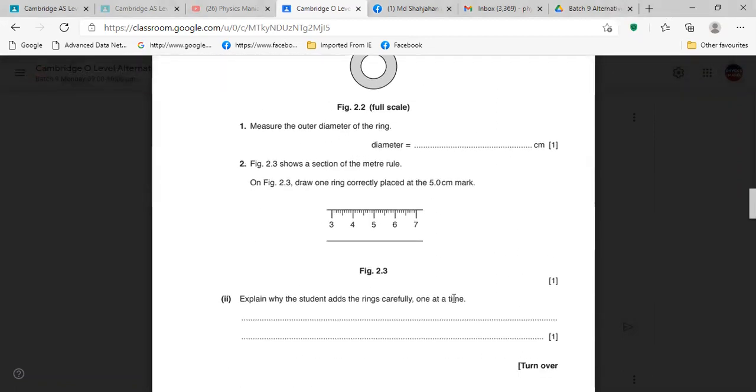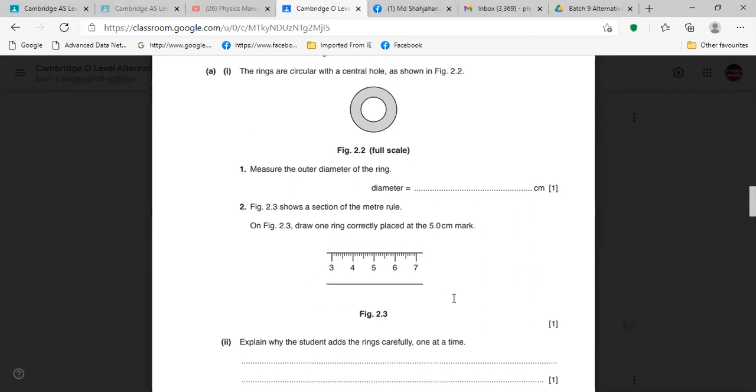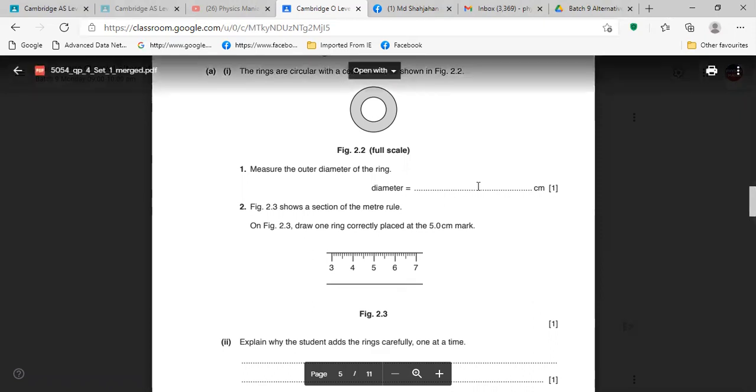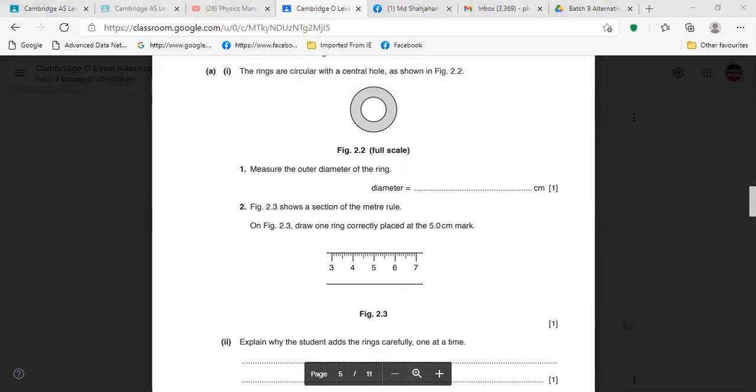Continue. Yes, sir. Figure 2.3 shows a section of the meter rule. On figure 2.3, draw one ring correctly placed at the 5 centimeter mark. So how will you draw it correctly? The ring diameter was 2.1. So we will divide it by 2, which would be 1.05.